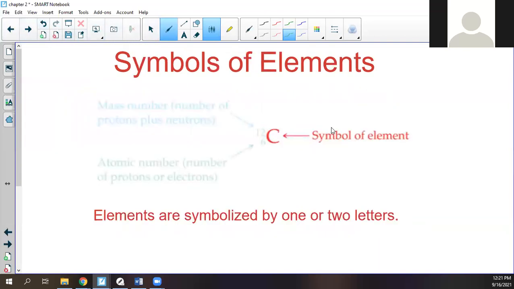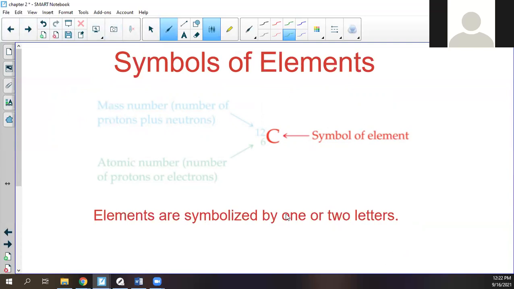Okay. This is like kindergarten chemistry right here. When you look at the periodic table, you must know the following things. The letter is the symbol. Okay with that? Nice. Still good. Elements are symbolized by 1 or 2 letters.